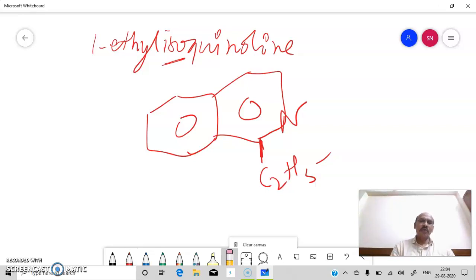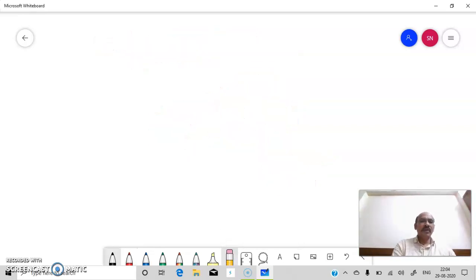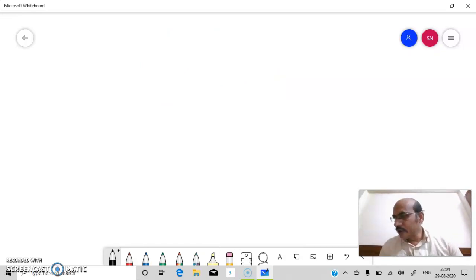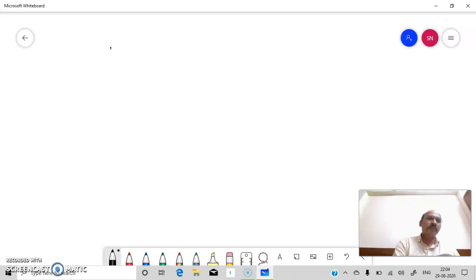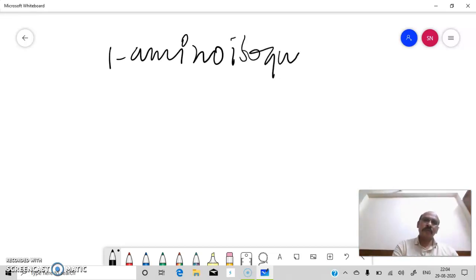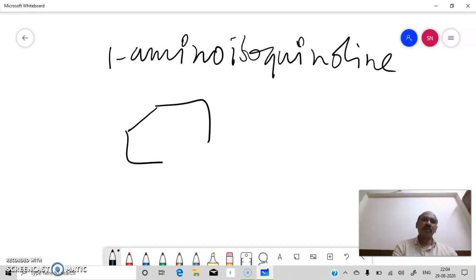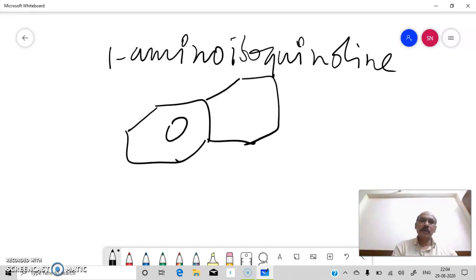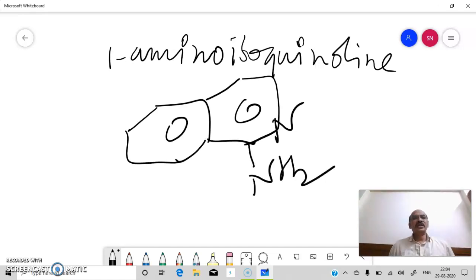Okay, we will move towards one more example. Now consider the molecule 1-aminoisoquinoline. So isoquinoline means nitrogen at the second position, and at position one there must be an amino group. So it is the structure of 1-aminoisoquinoline.